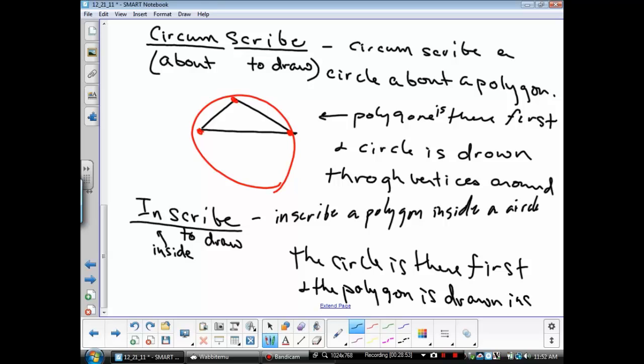So I start with the circle. And then I'll put a quadrilateral inscribed in the circle. How do you think I have to inscribe the quadrilateral in the circle? Yes, each of the sides must be a chord of the circle. In order for me to inscribe a polygon, each of the sides must be a chord of the circle.